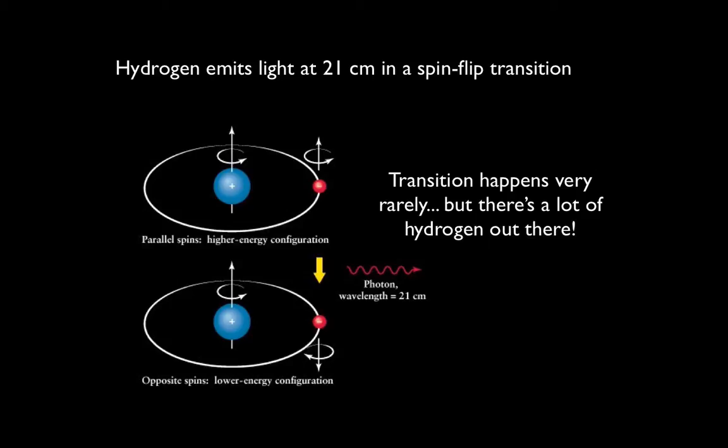But fortunately, there's a whole lot of hydrogen out there. There's a lot of hydrogen in our galaxy. So we actually see these photons being emitted all the time. And because they have a wavelength of 21 centimeters, that's in the radio wavelength regime. And so we use radio telescopes to measure these wavelengths.